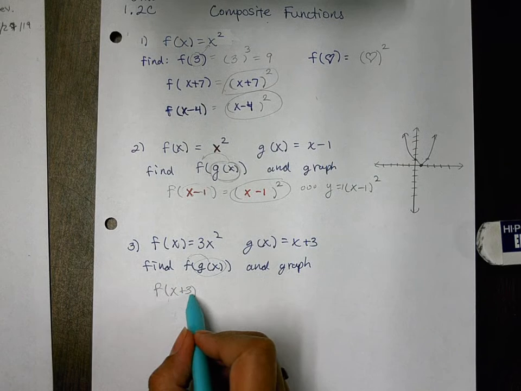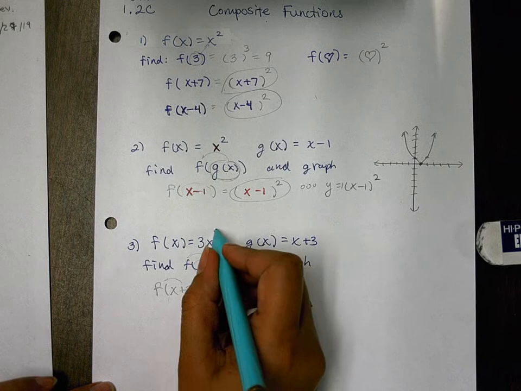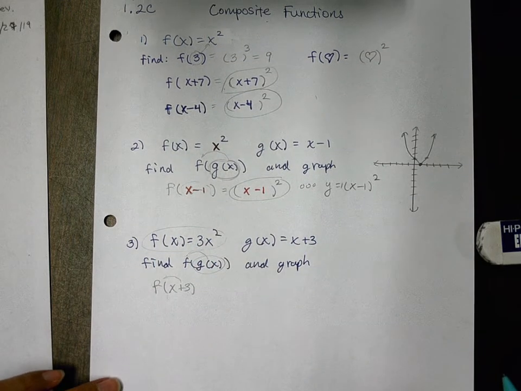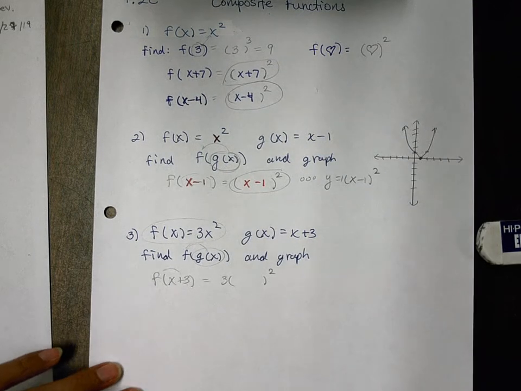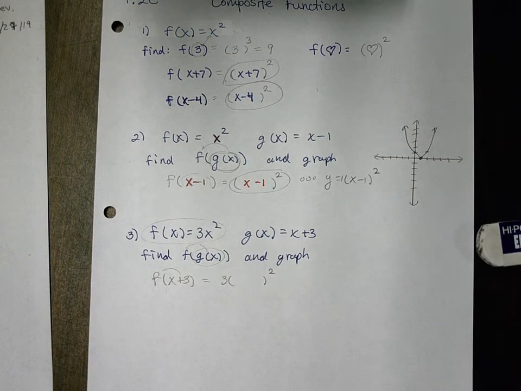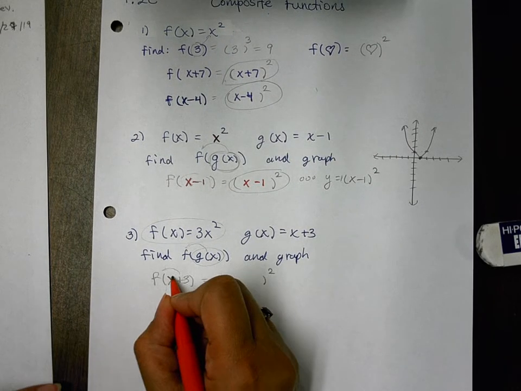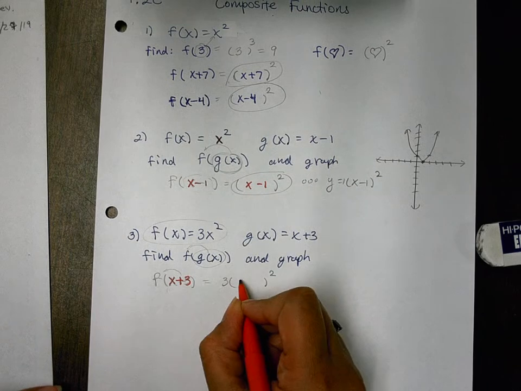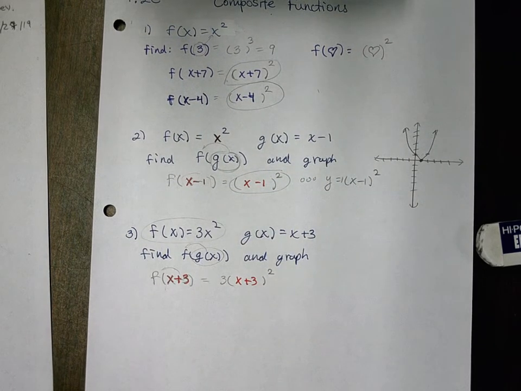Now I'm taking the x plus 3 and plugging it into the f function. My f function is no longer just x squared, it's 3x squared. And wherever the x used to be, right here in the parentheses, I put in the x plus 3.